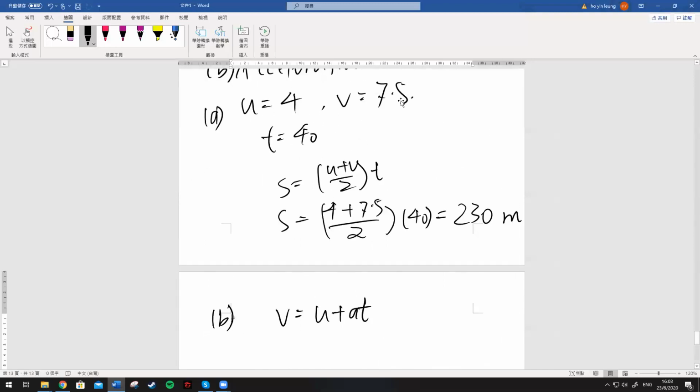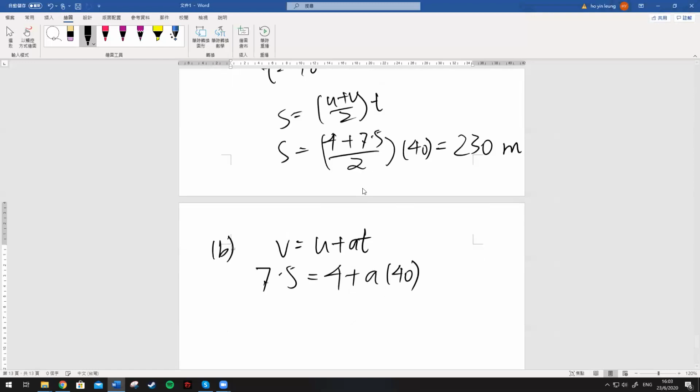We use all these parameters: 7.5 equals 4 plus a times 40. So a this time is 3.5 divided by 40, so it is 0.0875 meters per second squared.